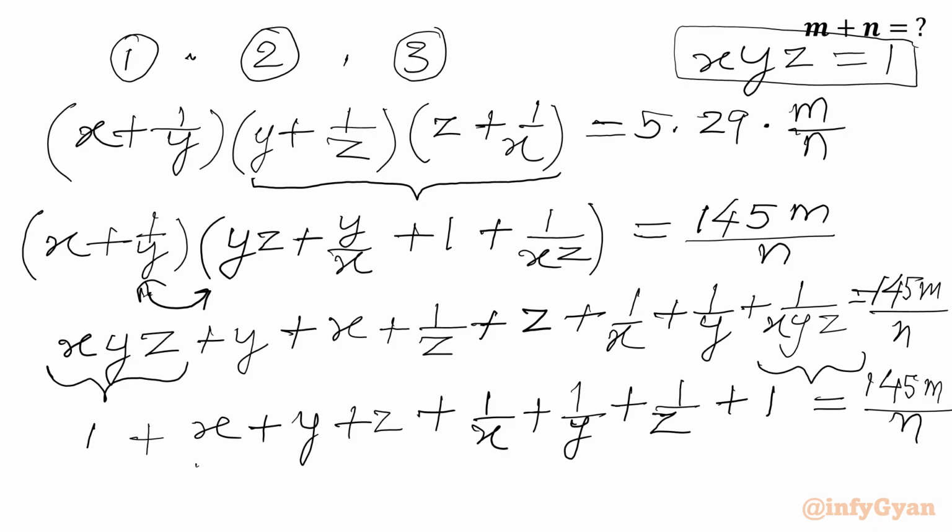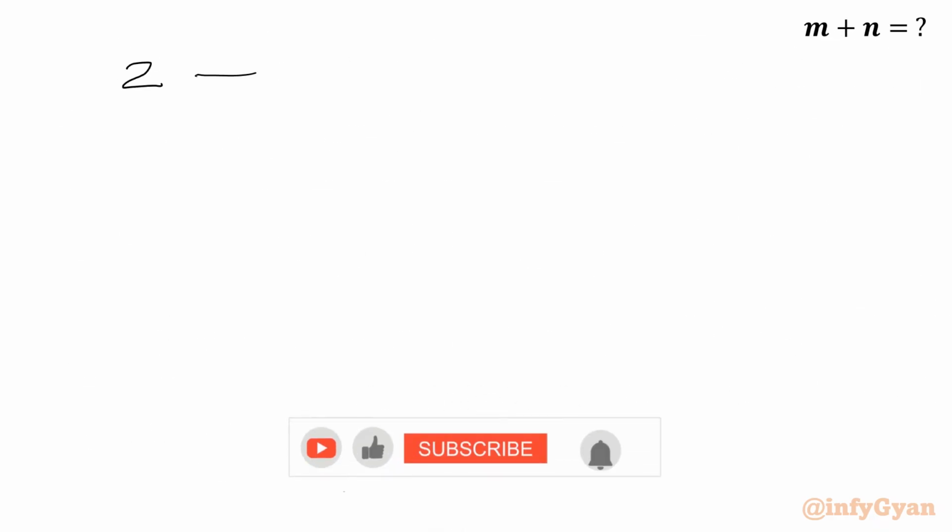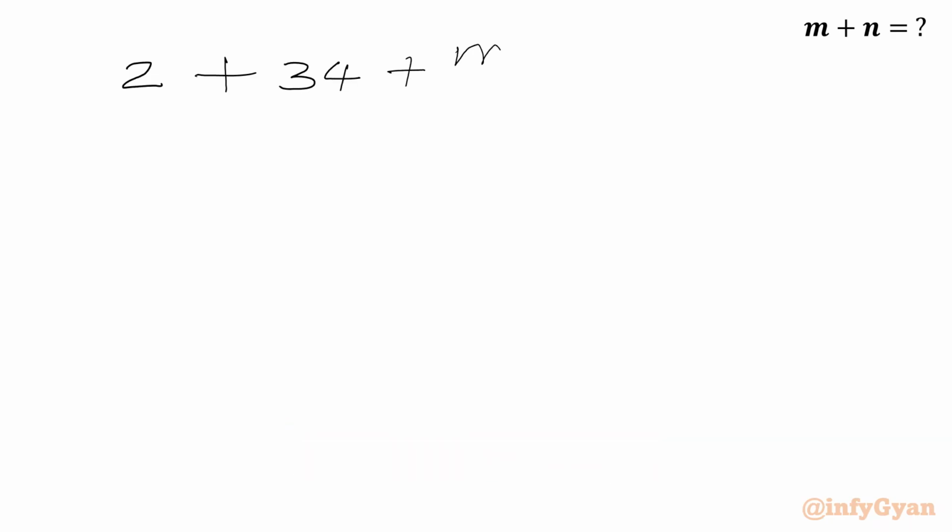Now we will utilize equation number 4 here. This is our equation 4. The value was 34 plus m over n. So I will write here 1 plus 1 is 2, and from equation 4 RHS we will write here 34 plus m over n.